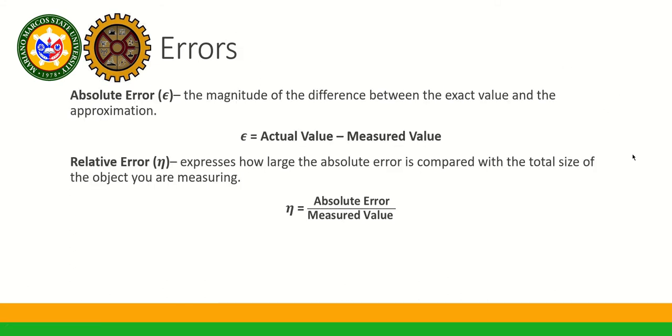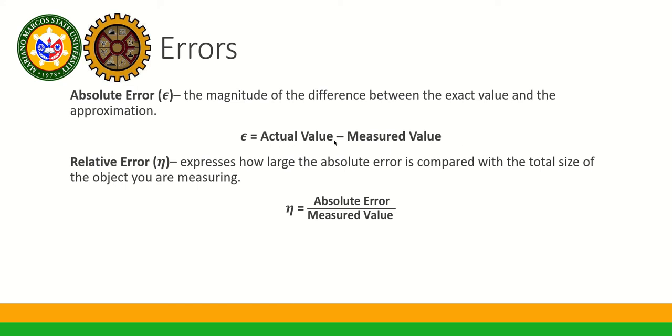Errors. What are errors? Errors show how far off a value is from its true or actual value. So that is error. We have two types of error: the absolute error and the relative error. Absolute error is the magnitude of the difference between the exact value and the approximation or the measured value.